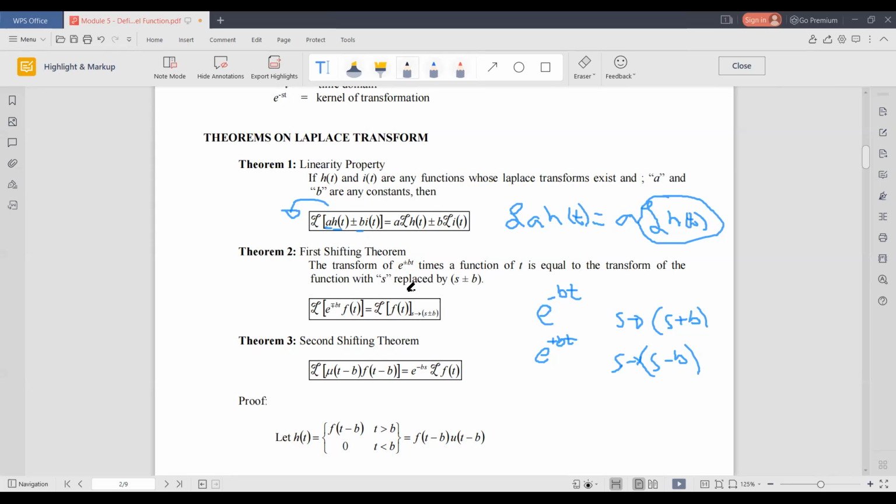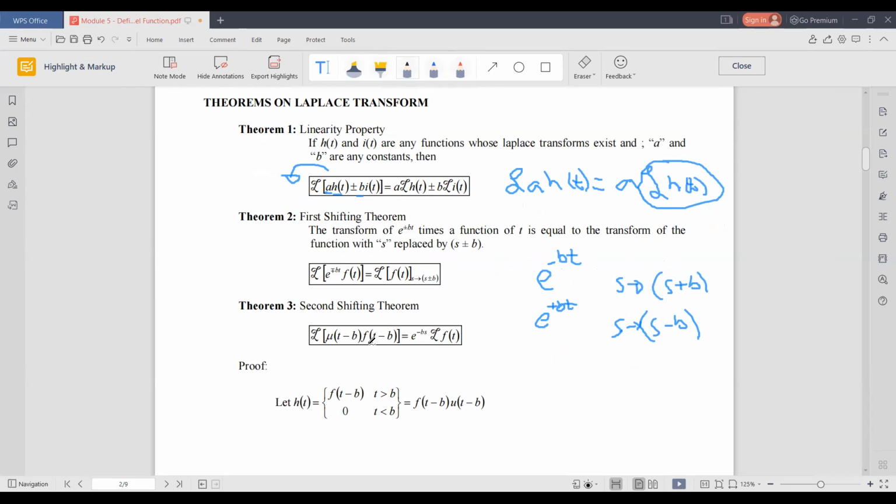Mamaya tignan na natin sa examples. That is the Laplace transform of the function of time, and then as s approaches s plus b. Hindi mo siya masyadong maiintindihan kung wala sa example later on.